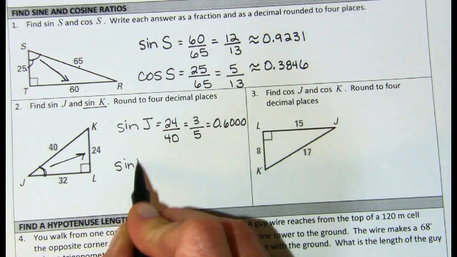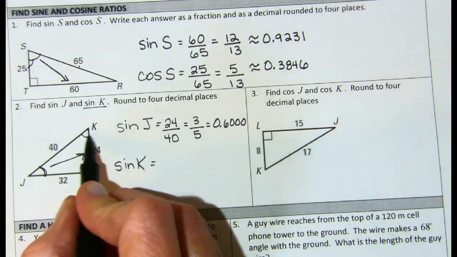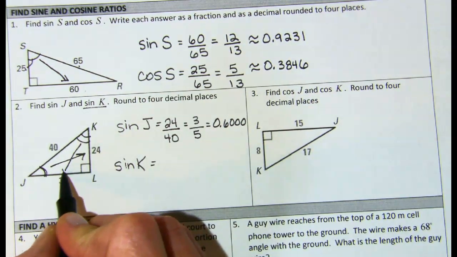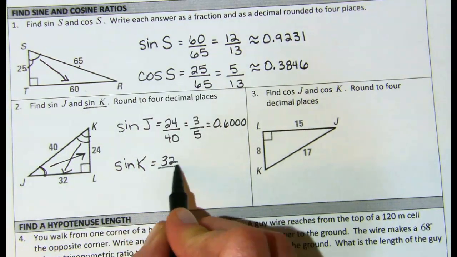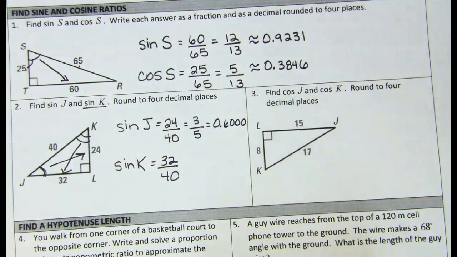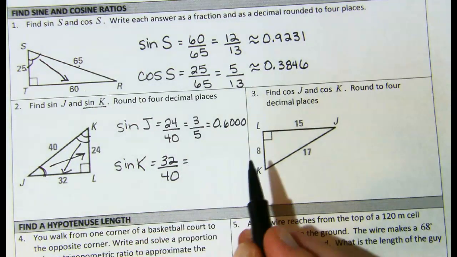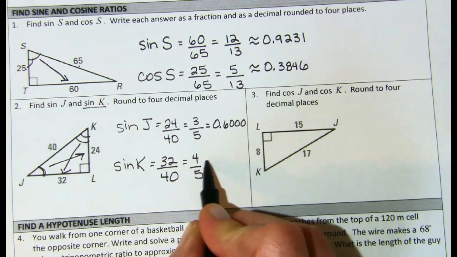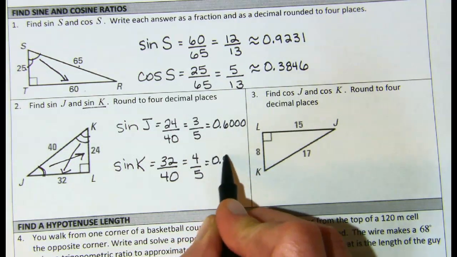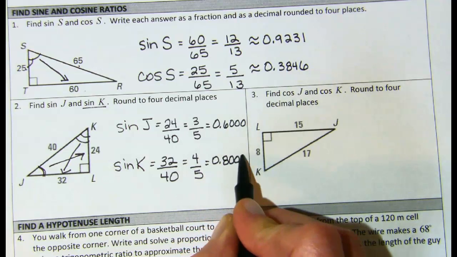Now, it also tells us to do sine K. So sine K. Now we're going to switch reference angles. Look opposite this time. That's going to give me 32 over the hypotenuse 40. This one also reduces down by 8. So this is 4 over 5. And on the calculator, that's going to give you 0.8. Add the 3 zeros.